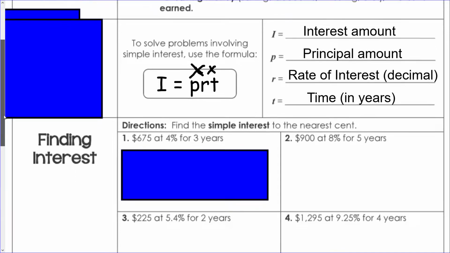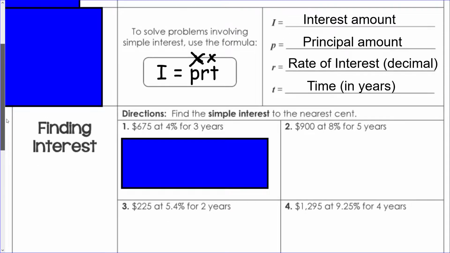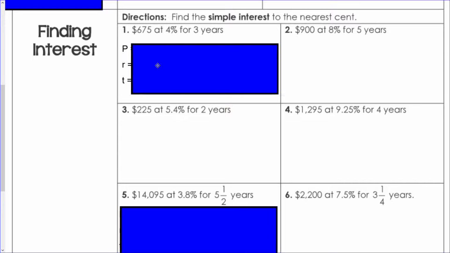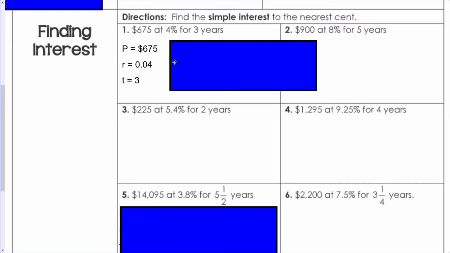Now, when we actually apply these to a real situation, and remember, if I'm going too fast, please feel free to pause to write things down or to play back certain parts if you've missed anything or need to hear it twice. With simple interest, I found it very helpful in these kinds of problems to make a quick list first of what each thing is that I'm using: my P, my R, and my T, just to make sure I know exactly what I'm doing in the problem and what I already have.